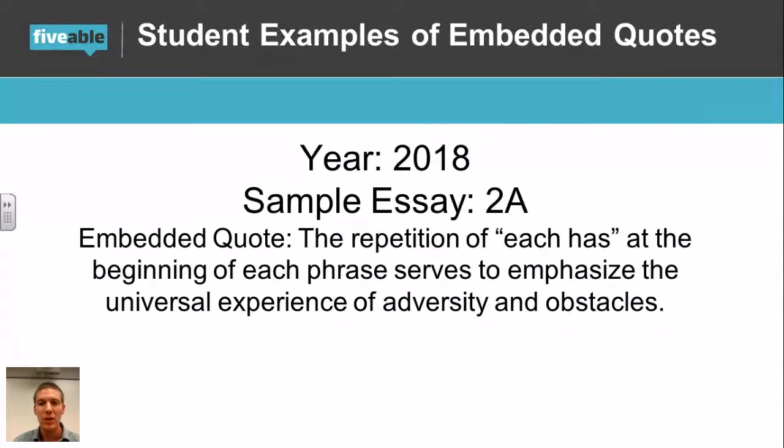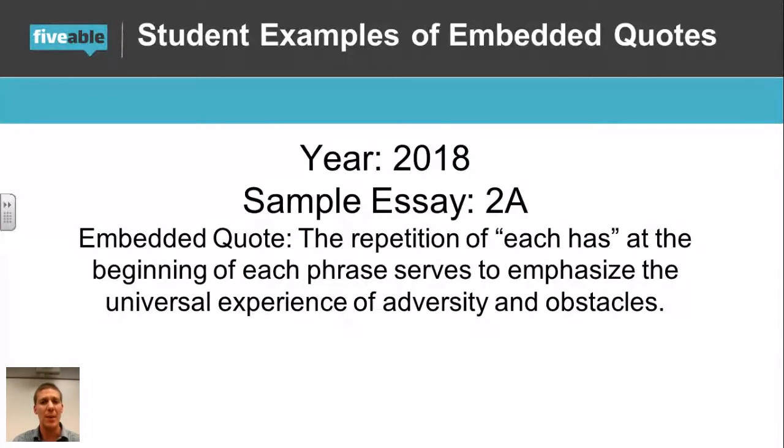Okay, rule 2, clearly doing what we talked about, not starting with the quote. And then let's look at it again. Is this following rule 3? Is this placing it into context? "The repetition of each has at the beginning of each phrase serves to emphasize the universal experience of adversity and obstacles." So when I say rule 3, it's not always going to say beginning, middle, and end. It's not always going to be chronological. You don't have to do it that way.